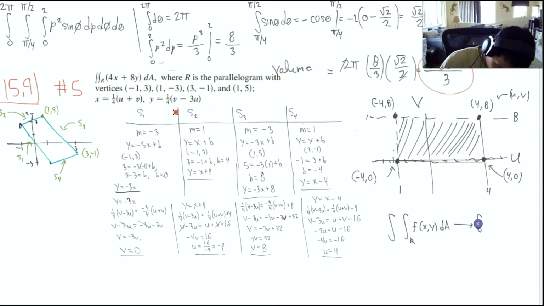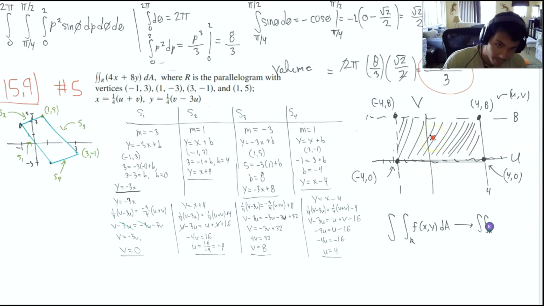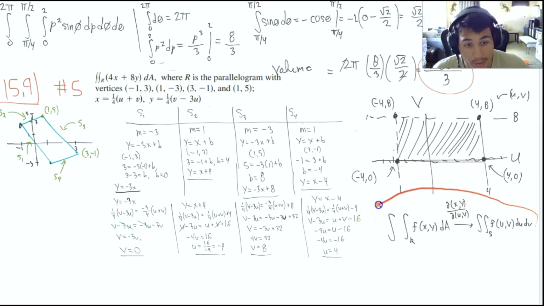Everyone that reads the book realizes that they like to call this region S. So I will call it S, and this is going to be a function of u and v, and remember, we have to have a Jacobian, the partial of x, y with respect to u, v, du dv. Okay, so this is our transformation of planes, which transforms our integration.